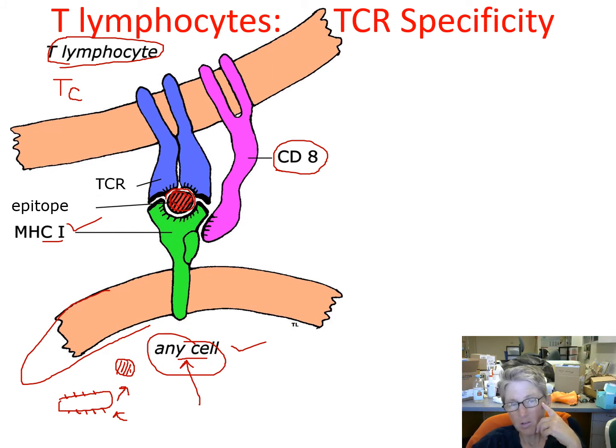The cytotoxic T cell recognized it with its specific T cell receptor that could only recognize this epitope here. And then it doesn't show it in the cartoon, but now that the cytotoxic T cell has recognized the infected cell, now the cytotoxic T cell can destroy the infected cell using perforins and granzyme to blow a hole in your infected cell and kill it.